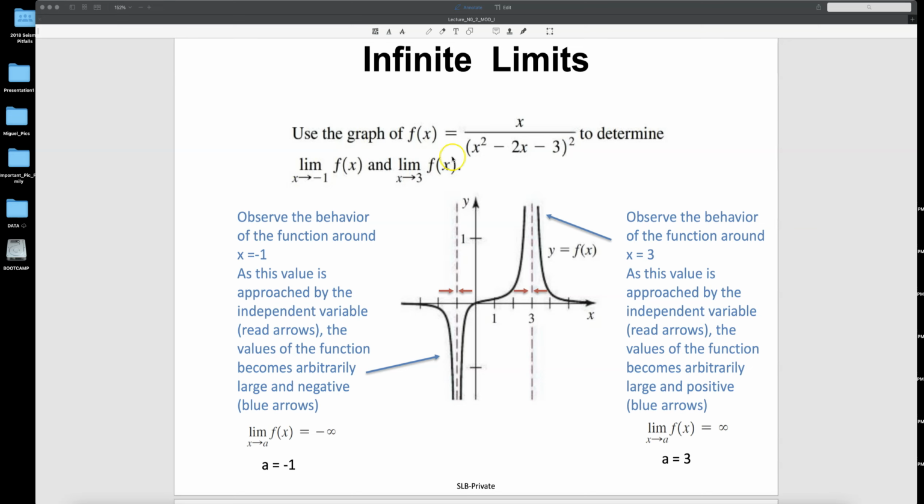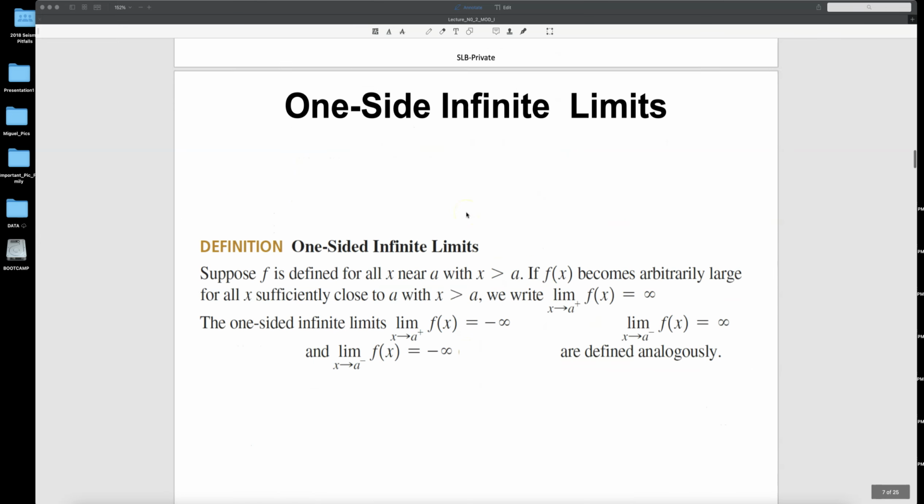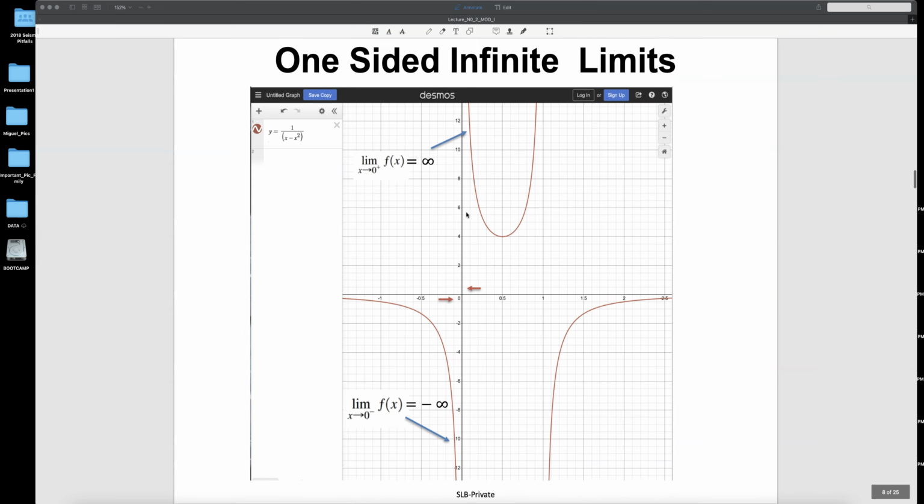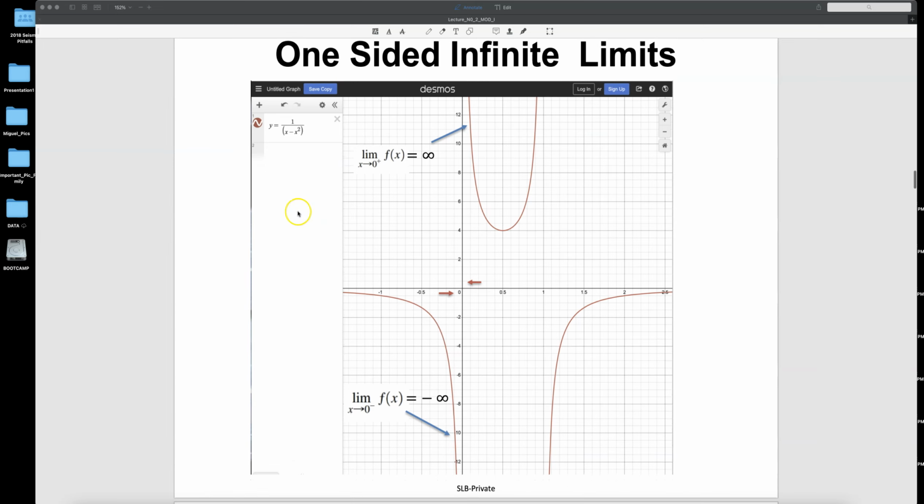Okay, perfect. Now, let's go to this specific case. This is an example that I took from the exercises in your textbook. Let's consider this rational function that is 1 over x minus x squared.